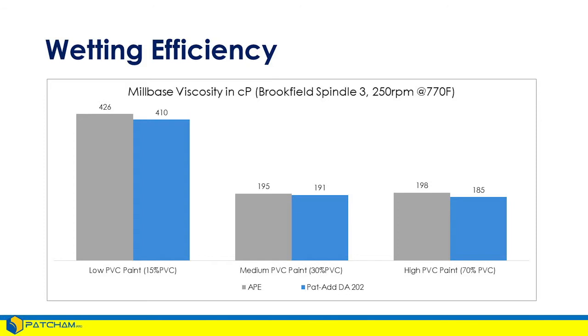As an example, in the 15% PVC paint, comparing the gray bar and the blue bar, we are at least equivalent, if not marginally lower in viscosity, comparing the APE to DA202. So pretty much equivalent, but marginally better.